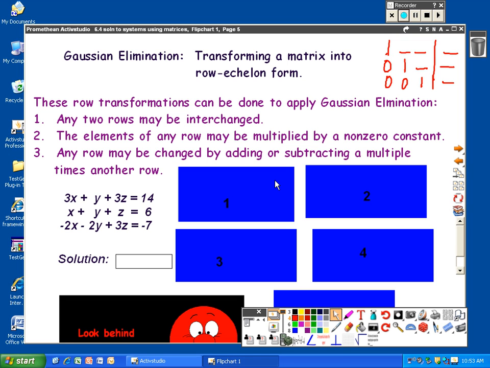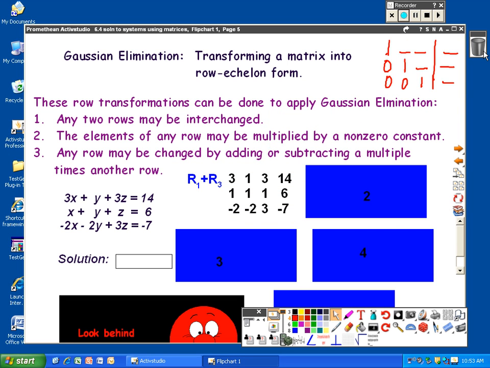So instead, the first time, I wrote down my coefficients: 3, 1, 3, 14; 1, 1, 1, 6; negative 2, negative 2, 3, negative 7. And I saw that if I add row 1 and row 3, I will get a 1 in this first position.